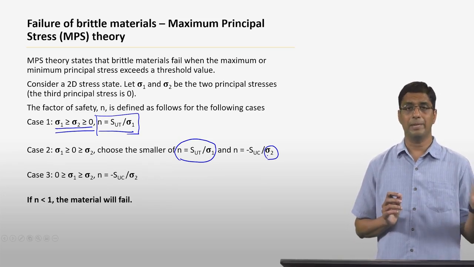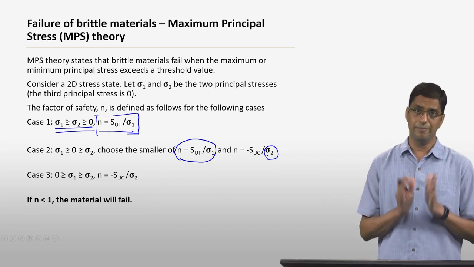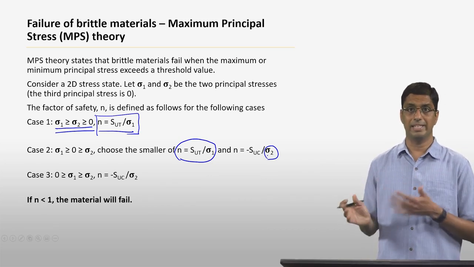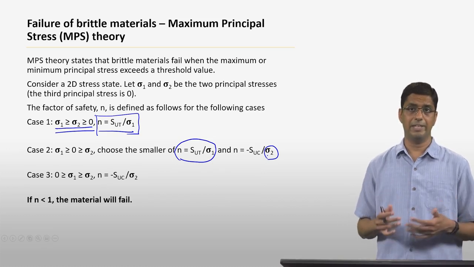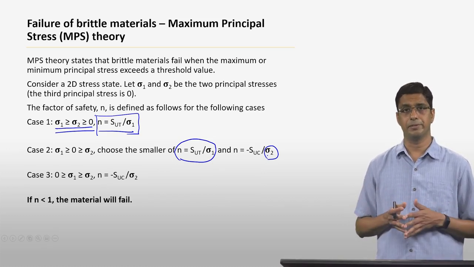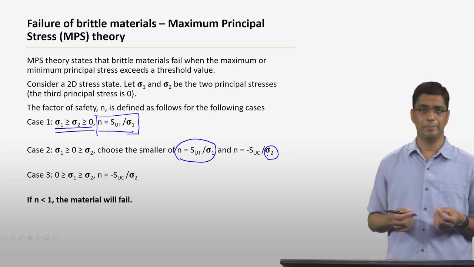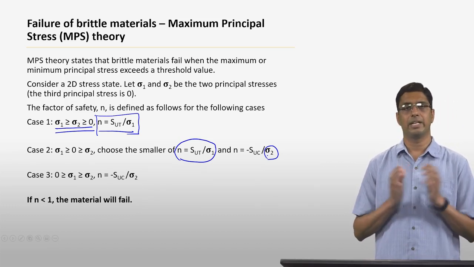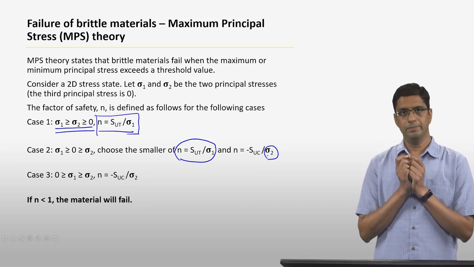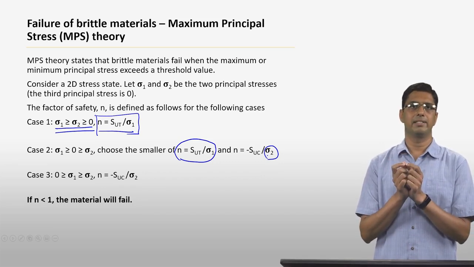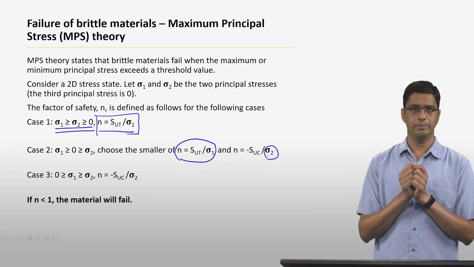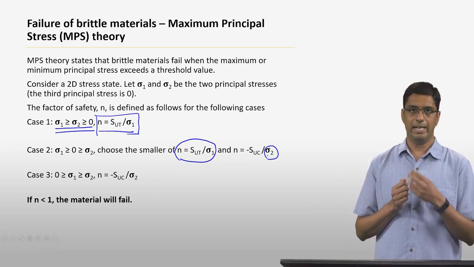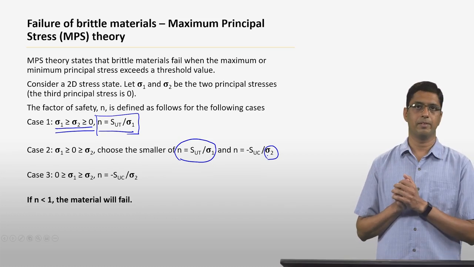And the reason that you have a minus sign is because when you say SUC, you're only looking at the absolute value. But sigma 2 is obviously negative. So a negative of a negative becomes positive. So n has to be a positive number. So what does it essentially mean? This maximum principal stress theory essentially states that if there is a point in the material that has a principal stress that is positive, or sigma 1 is positive, if that sigma 1 exceeds this SUT, it will fail.